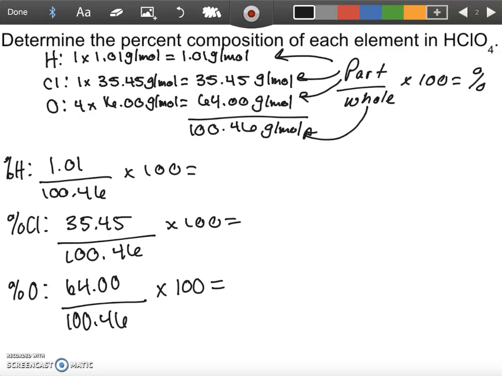Okay, 1.01 divided by 100.46 times 100 is going to be 1%. 35.45 divided by 100.46, times 100, is 35%.